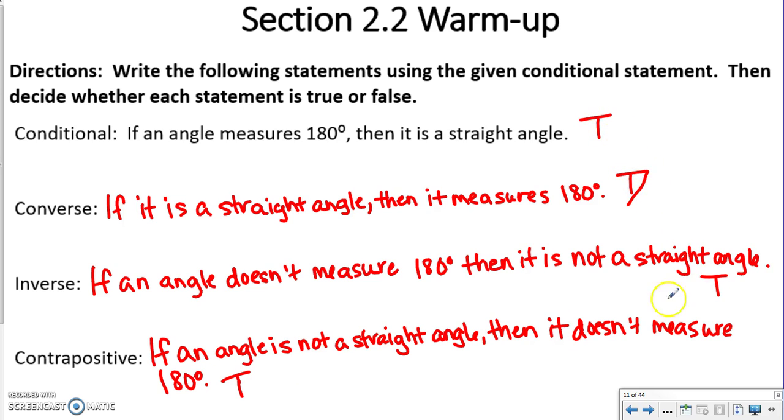When all four statements are true, this is called a definition, and then we could write what was called a biconditional statement, which had the if and only if, or IFF for short. But you didn't have to write that here because they didn't ask you to. All right, so that's the warm-up.